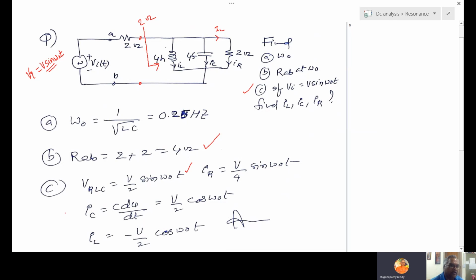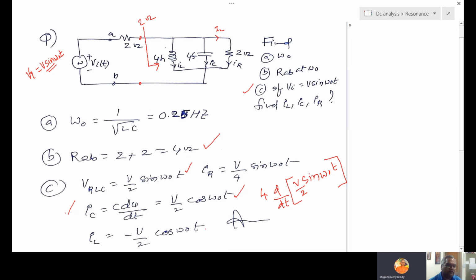Next, find out IC. What is IC equal to? C dV by dt. And the C value is 4. It is nothing but 4 d by dt of V by 2 sin omega naught t.